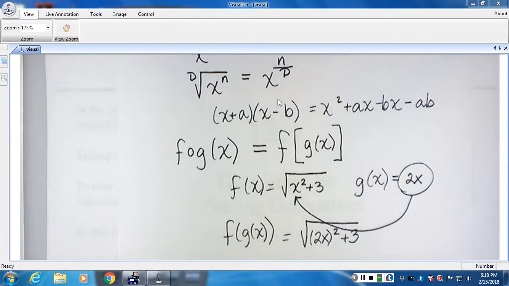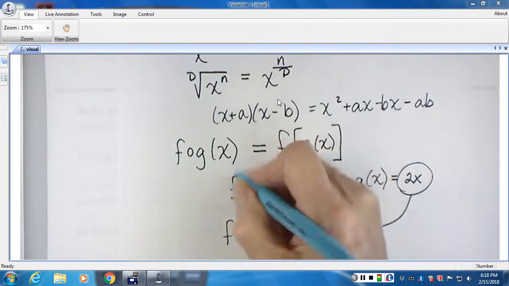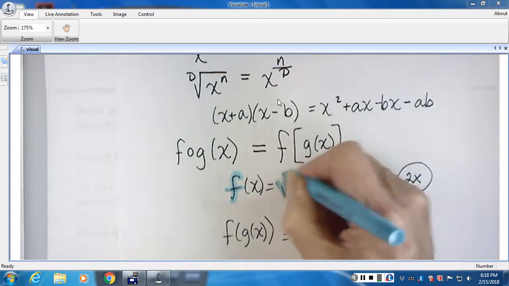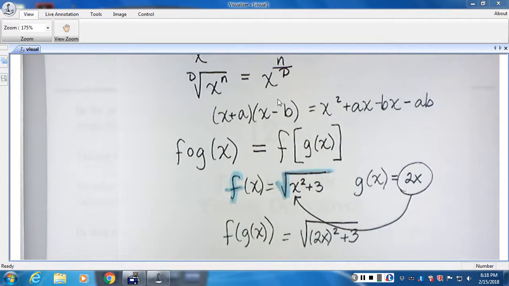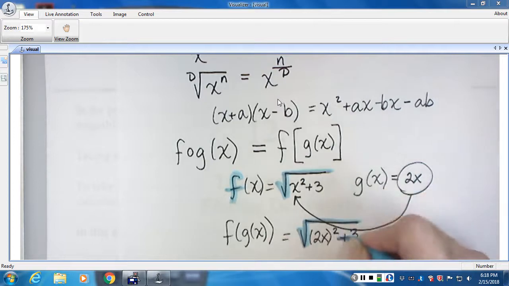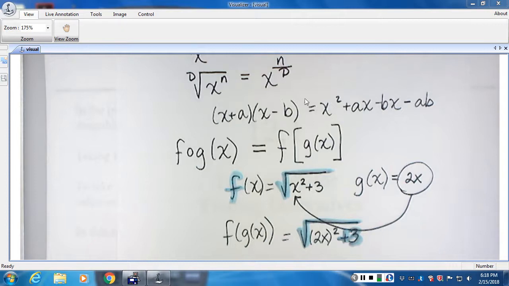And what you'll hear me refer to this as when we get to section 3, which we hopefully will get to tonight, you'll hear me refer to f as the outside function, because f is the part of the function that's doing this. Okay? And then I will refer to g as the inside function.